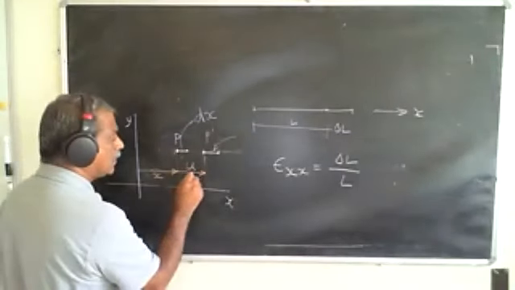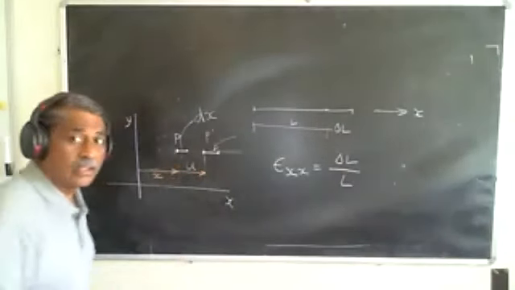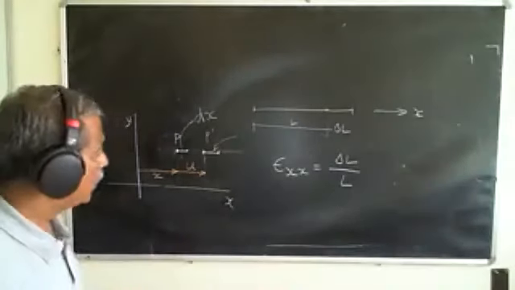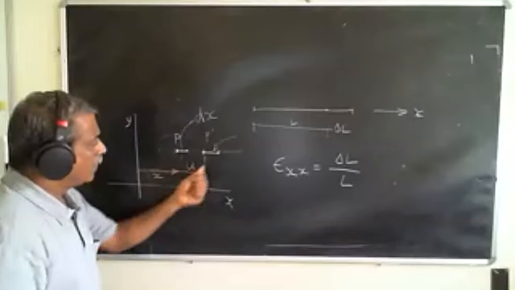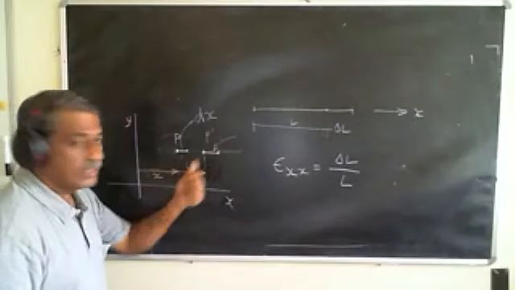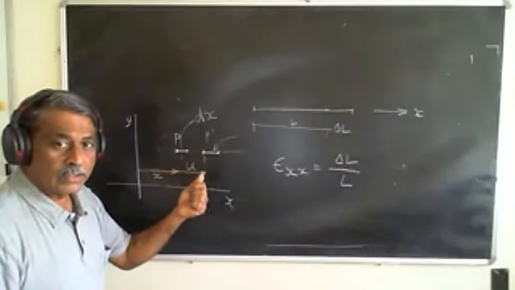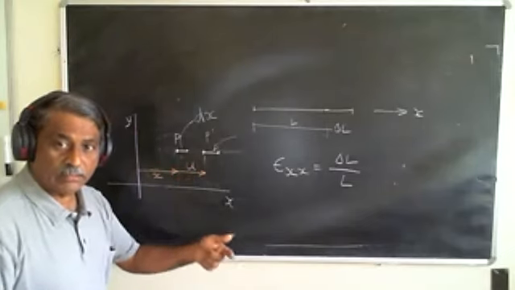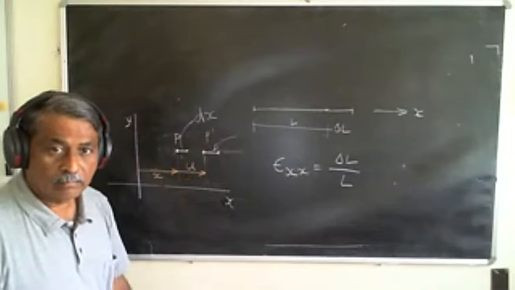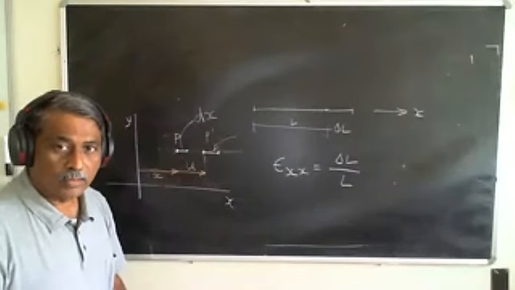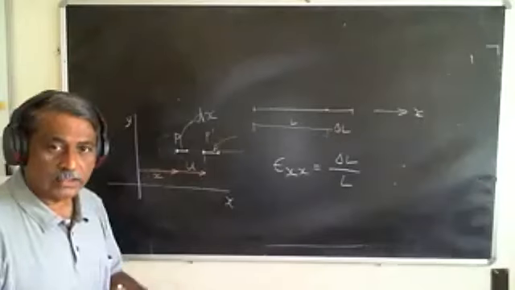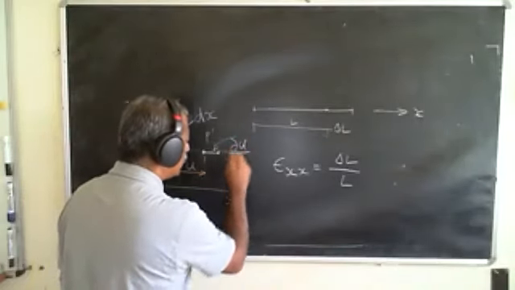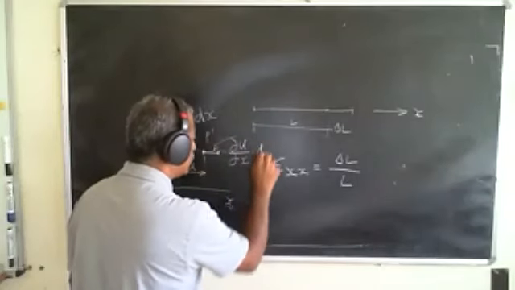The change has to do with how the displacement has occurred. All right. Are you with me so far? And how do I find out the change in this? The change in this has to do with how u has changed with respect to x. Do you understand this part of it? Or in other words, this could be taken as ∂u/∂x times dx.